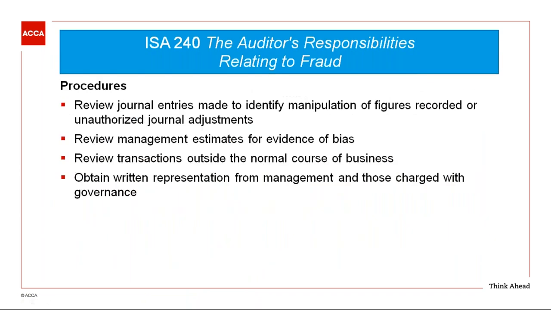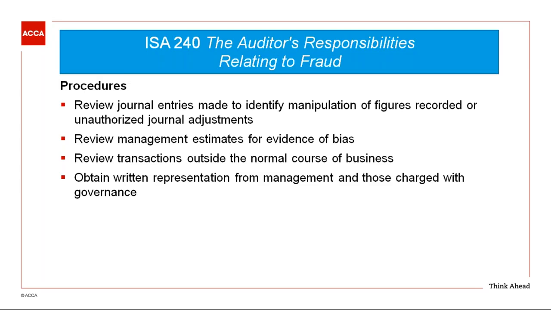During the audit, you should review journal entries, because journal entries are more prone to fraud risk, especially at year end. Review management estimates. Estimates are always tricky and can be subject to bias, and management can easily overstate or understate estimates because they are subjective.